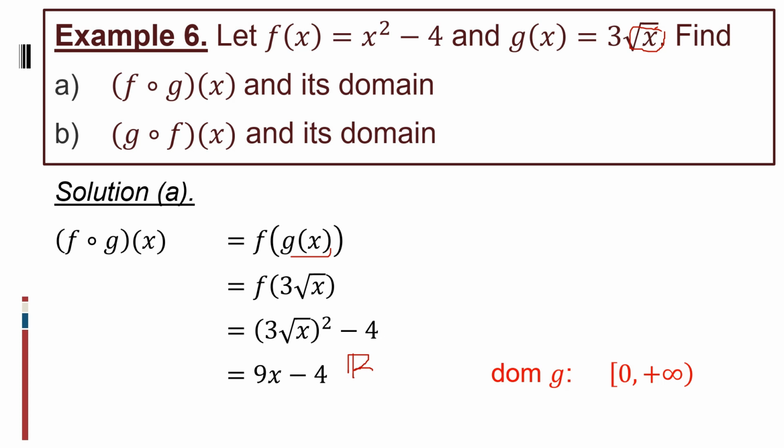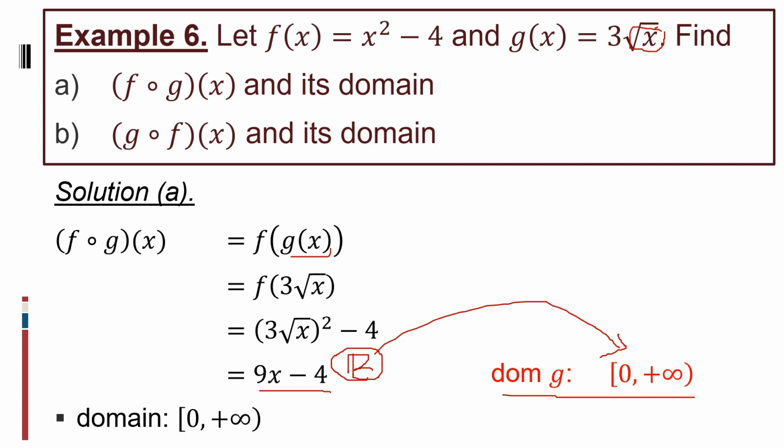So, checking that, ito bang set of real numbers natin na ito, pasok ba dito? Not all. Diba? Kasi yung mga less than 0 na domain ng 9x minus 4, hindi pasok doon sa domain ng g. So, anong magpre-prevail? Tulad ng sabi ko kanina, basis natin yung domain ng inner function. Therefore, kung ano lang yung pasok, yun lang yung magiging final na domain. Therefore, the domain of f circle g is from 0 to positive infinity.